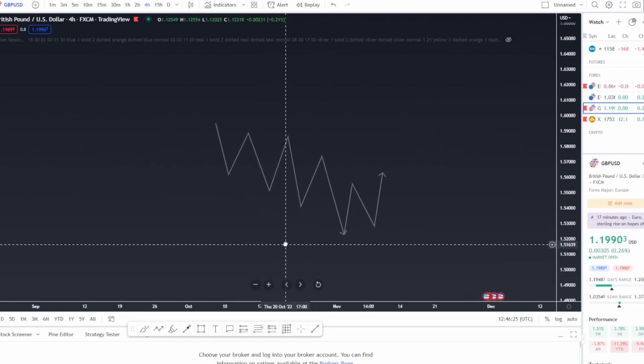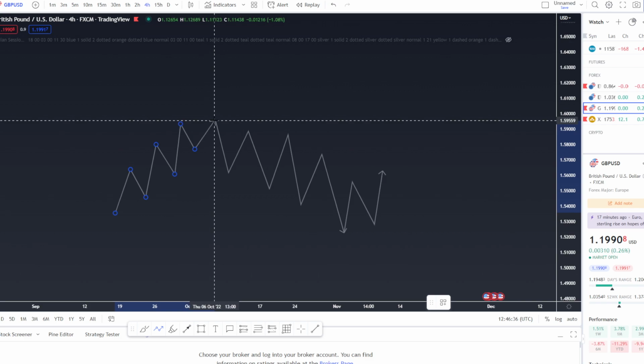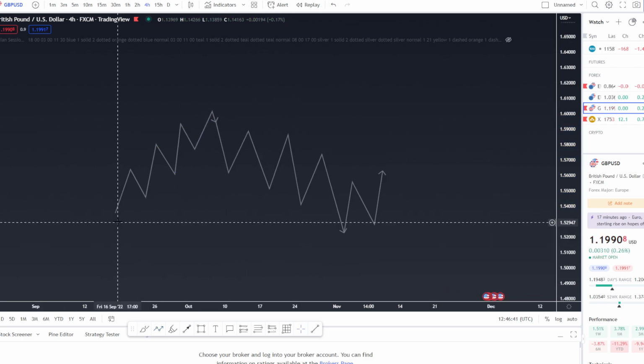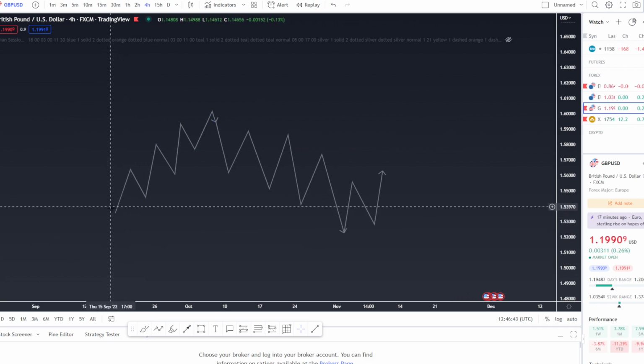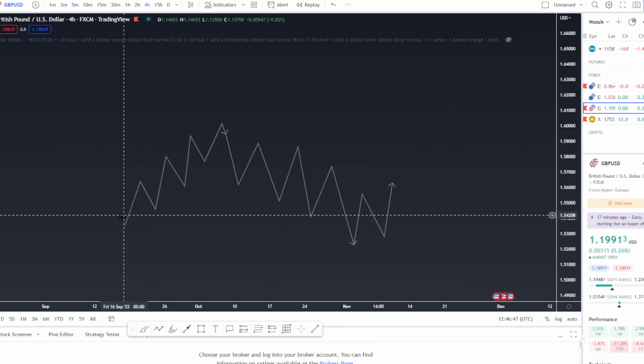What you would need to do is use your Fibonacci tool. So let me just draw this out some more. Hold on. So let's just say like that. We broke the overall leg low, right? This is all external structure. We broke that low there.